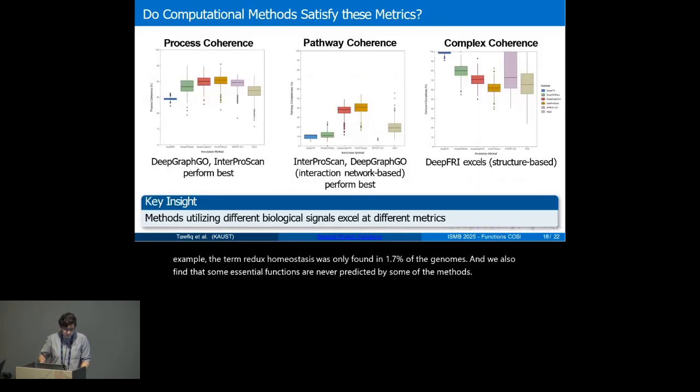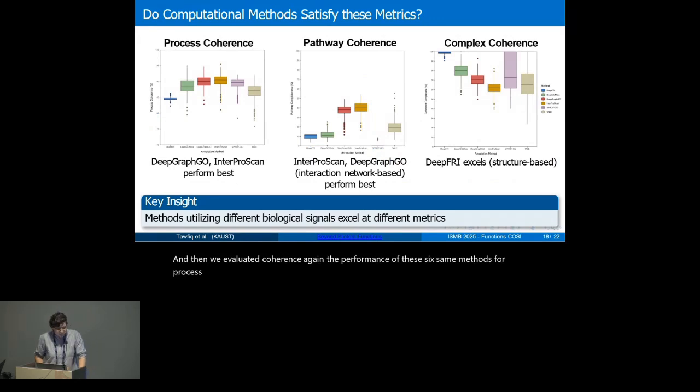And then we evaluated coherence, again, the performance of these 6 same methods. For process coherence, all the methods performed relatively well, between 75 and 95%, but DeepGraphGO and InterProScan performed best. That was also the case for pathway coherence, where these 2 methods performed best, but all the other methods didn't perform as well. Most of the performance was below 50%.